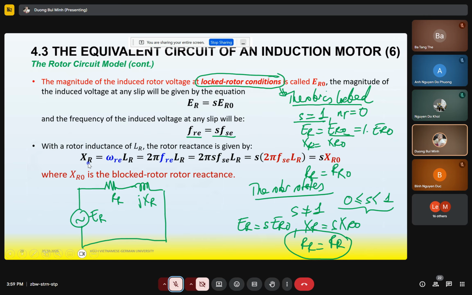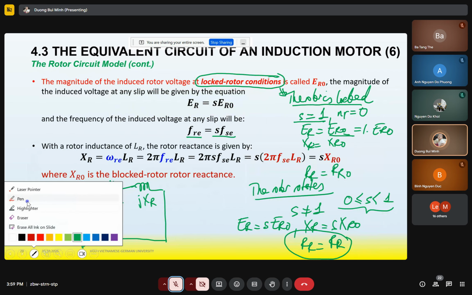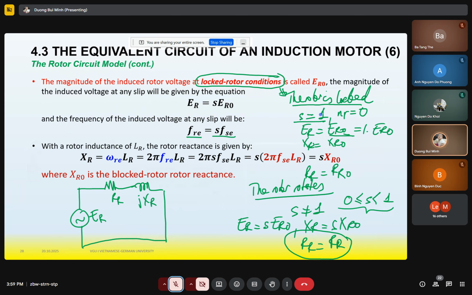Because if the rotor is locked, XR is omega RE times LR. Omega RE means the rotor electrical angular frequency, and omega RE is 2 pi FRE times LR.